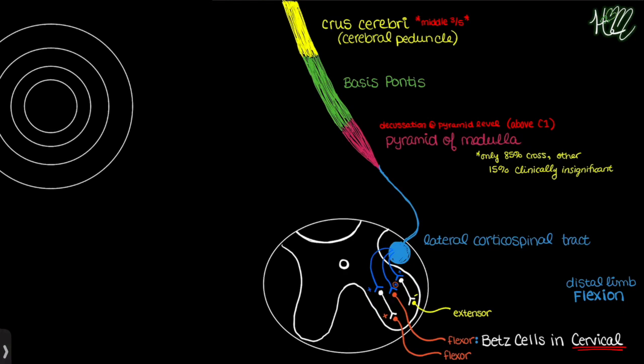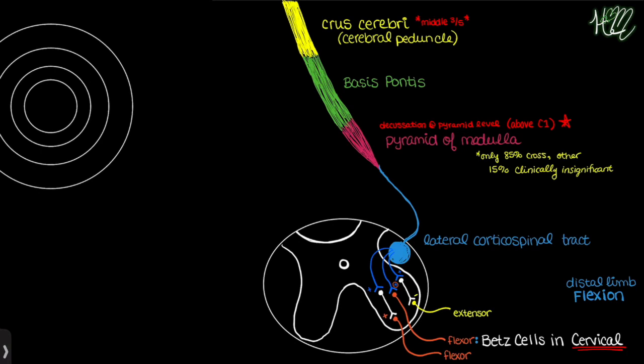Then, so we're in the cerebral peduncle, we're going into the brainstem, which is the basis pontis, and now we're going into the medulla, and this is where another piece of the magic happens. Again, we're still talking about how we are transmitting fibers from the cerebrum to the spinal cord. Once we get to the pyramid of the medulla in the brainstem, our fibers are going to cross over.